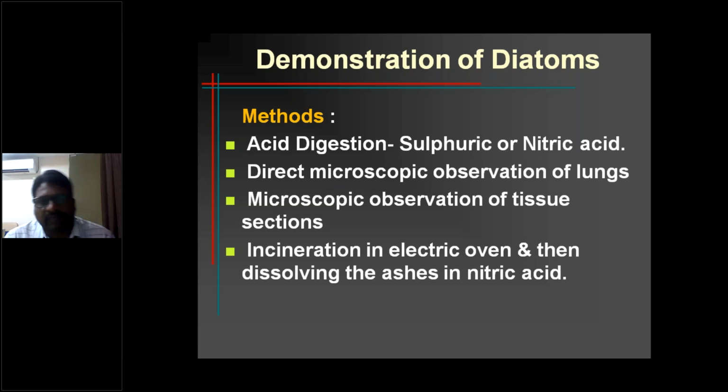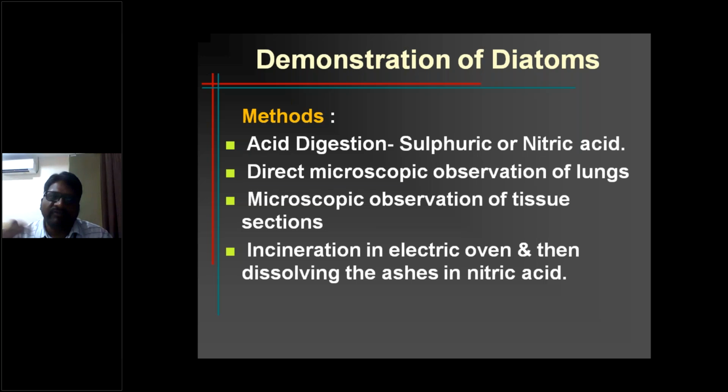Now come to the methods of demonstration of the diatoms in the lab. First of all, they will digest the organ which has the content of the diatoms. In the case of sulfuric acid and nitric acid, there will be acid digestion.